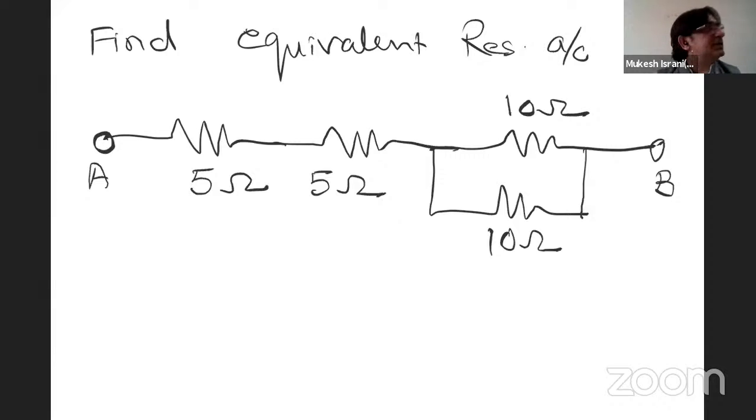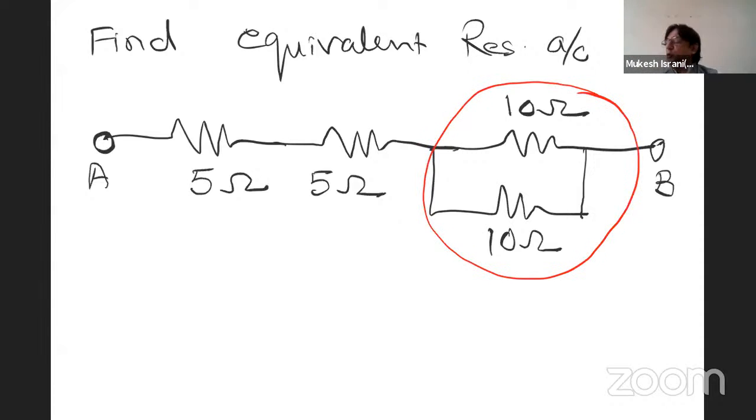The two resistances of 10 ohm that we have are said to be in parallel. So I'll get a single equivalent resistance of 5 ohm here. One thing you need to remember is that when two equal resistances are in parallel, their answer would always be equal to half.